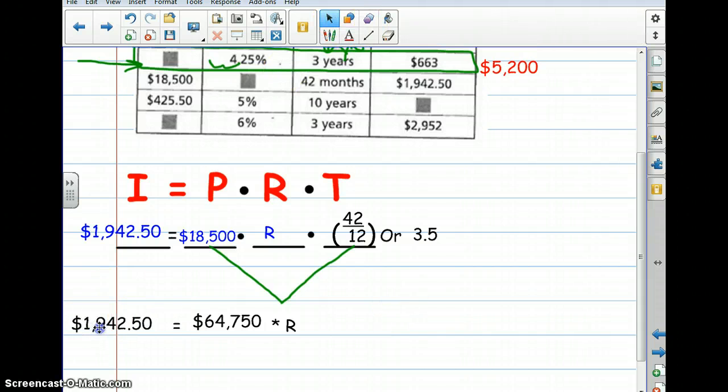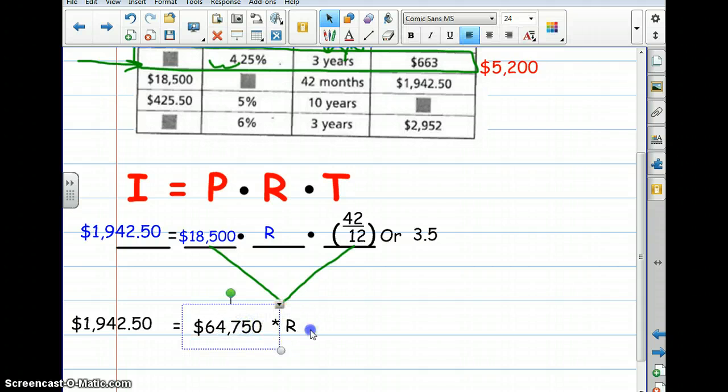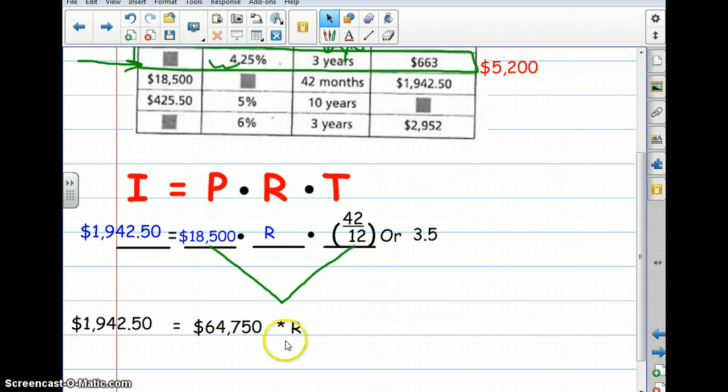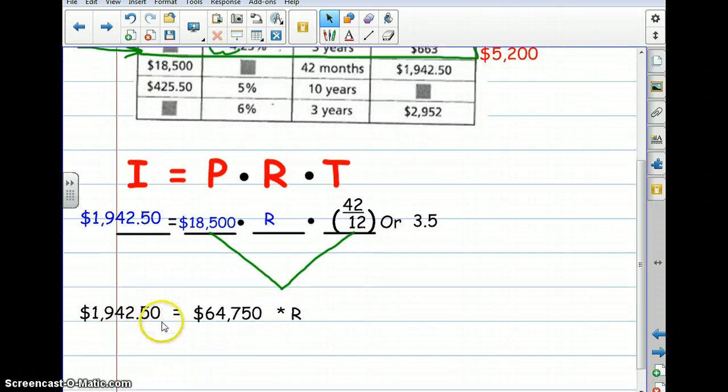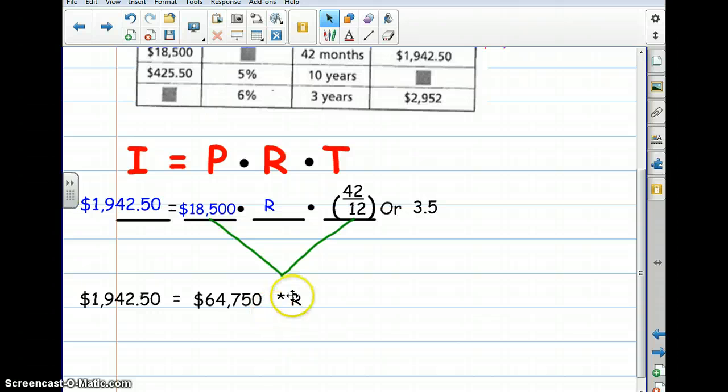Again, this problem says 64,750 times some number that I do not know will give me $1,942.50.